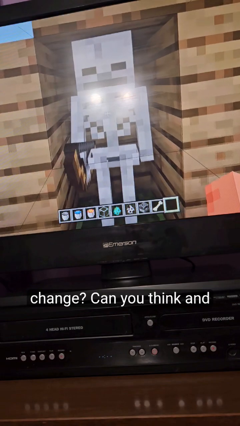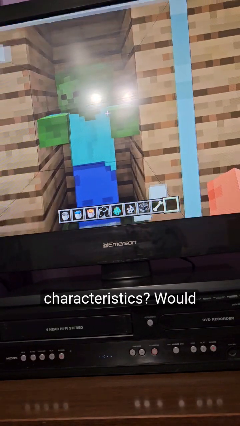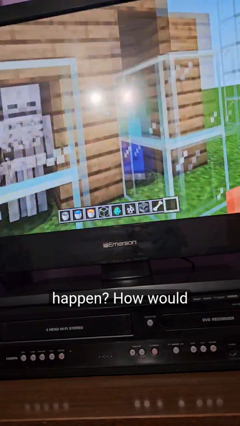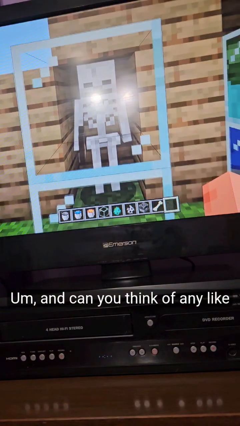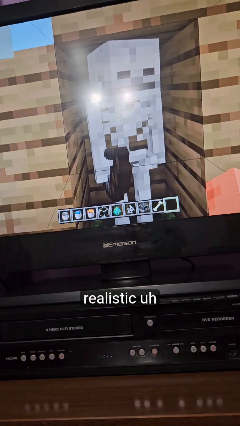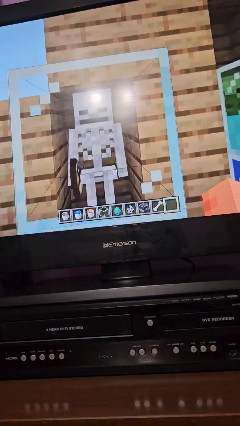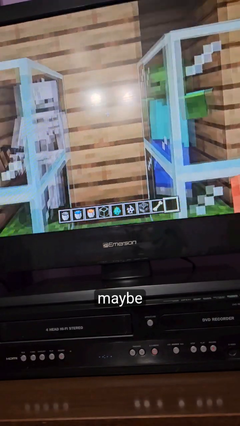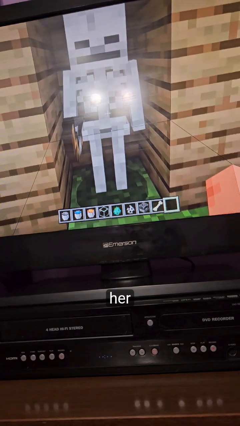What properties or characteristics would that change happen in? How would that change occur? And can you think of any realistic situations you might have been in where you found a rotting animal maybe?